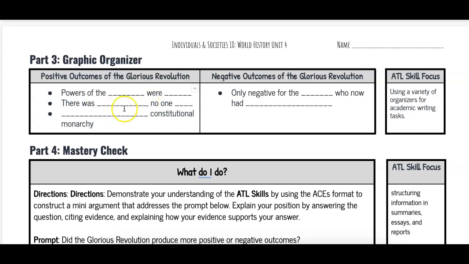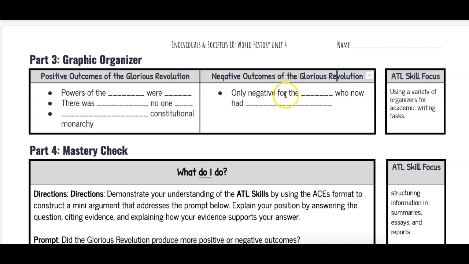So this was a big deal that there was no bloodshed and no one died. And finally, this really set in motion the first constitutional monarchy. So we'll say established the first constitutional monarchy, which in fact the United Kingdom and many other countries still have today.